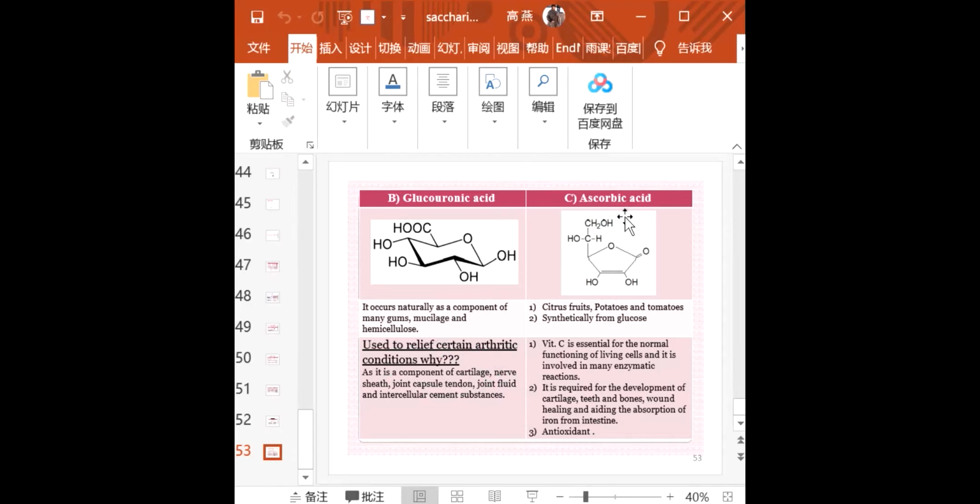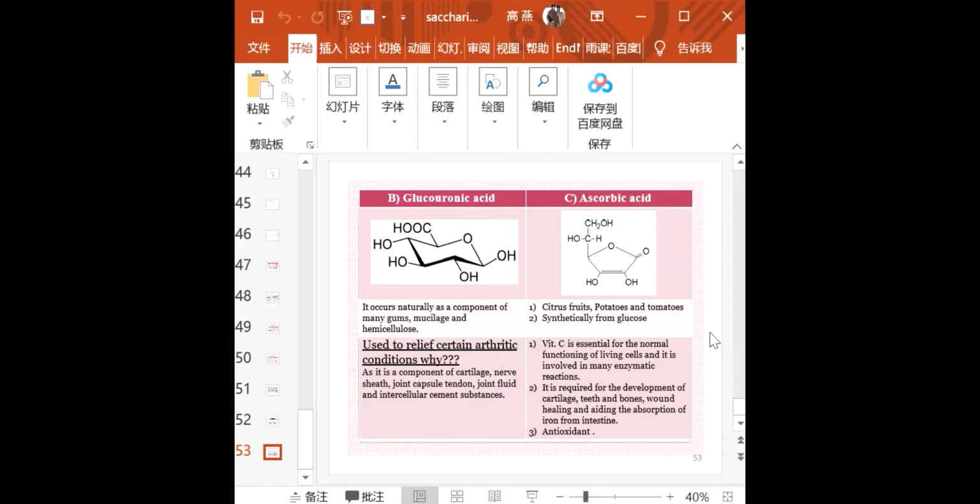The last one is ascorbic acid, and ascorbic acid is actually a very important vitamin for humans and other animals also.